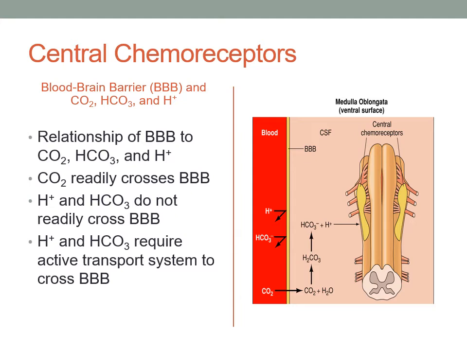The liberated hydrogen ions cause the central chemoreceptors to transmit signals to the respiratory component in the medulla, and that in turn increases alveolar ventilation, makes us breathe faster. The increased ventilation reduces the PaCO2, and so the PCO2 of the cerebral spinal fluid is also diminished.